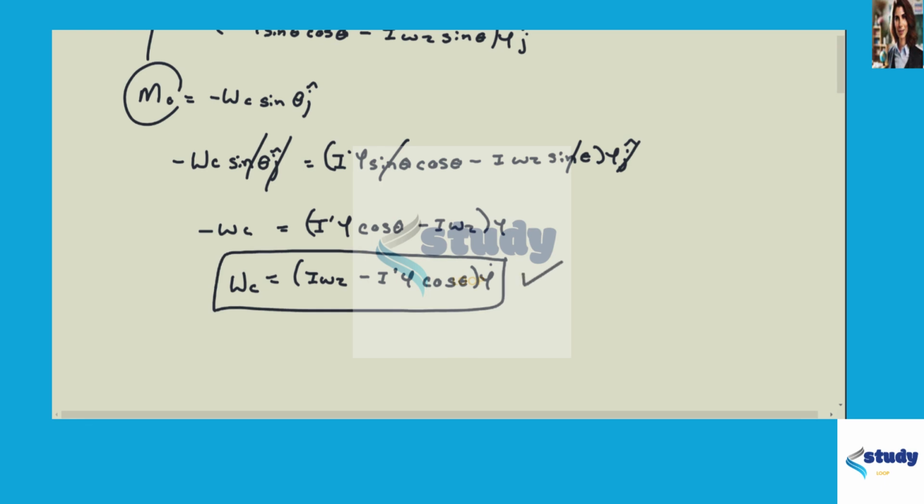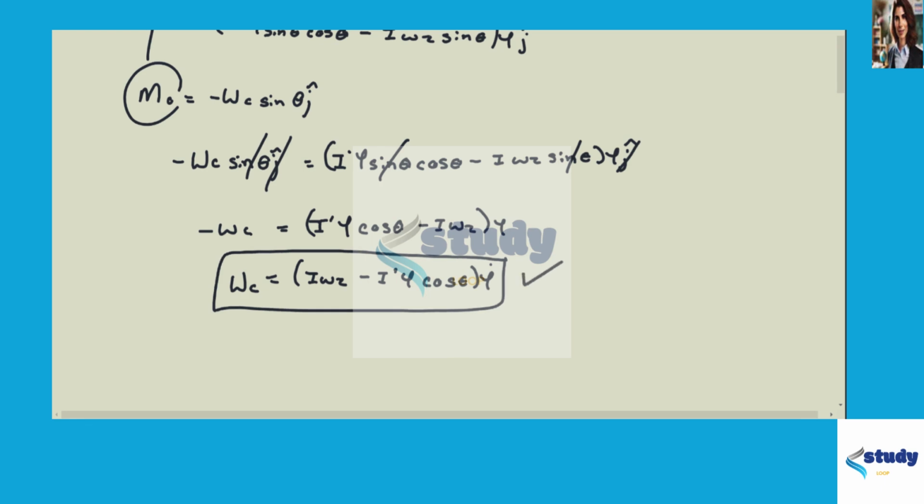Let's scroll down. So from here we have C equals I phi cosine theta minus I_z phi. Okay. And now we're just going to get the negative sign over. And we have I_z minus I theta, phi cosine theta times phi, which is what they wanted you to find.